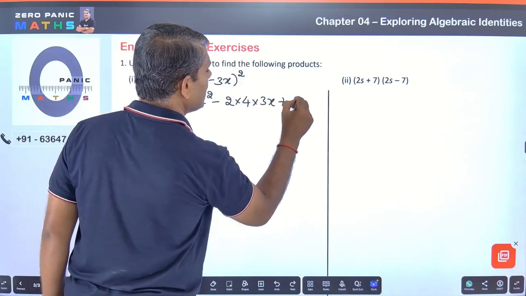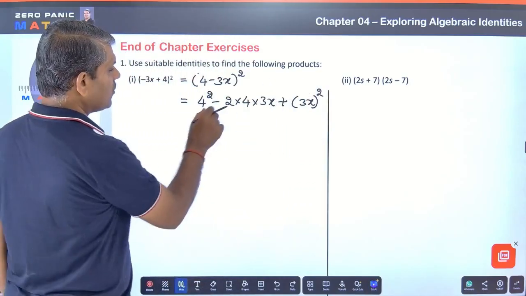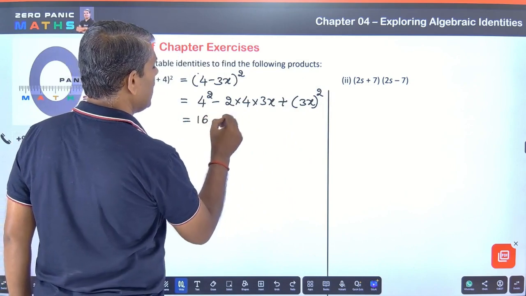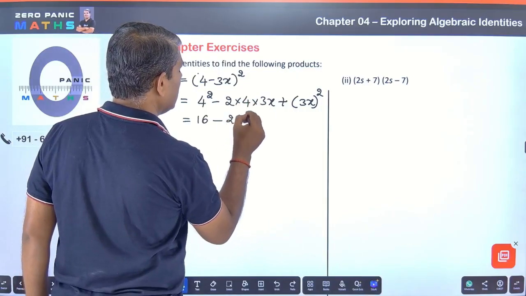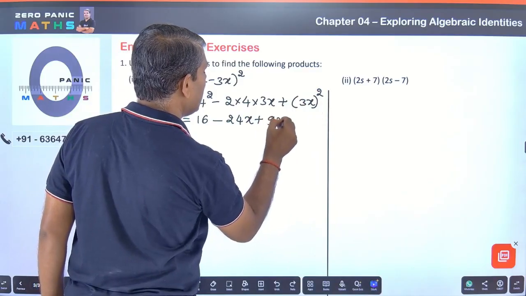Okay, a square minus 2ab plus b square. A square is 16 minus 2 4s are 8, 8 3s are 24, so 24x, plus 3 square, that is 9, and x square.